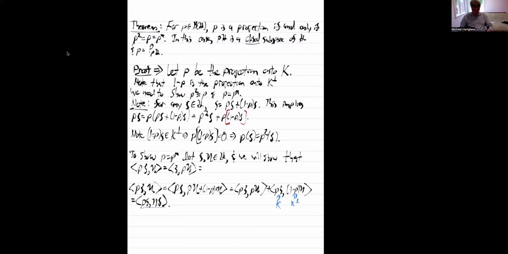Now, similarly, if I go on the other side, we can play the same game. C against P eta is going to be P C plus 1 minus P C against P eta, which by a similar argument to the above, is going to be P C, P eta.